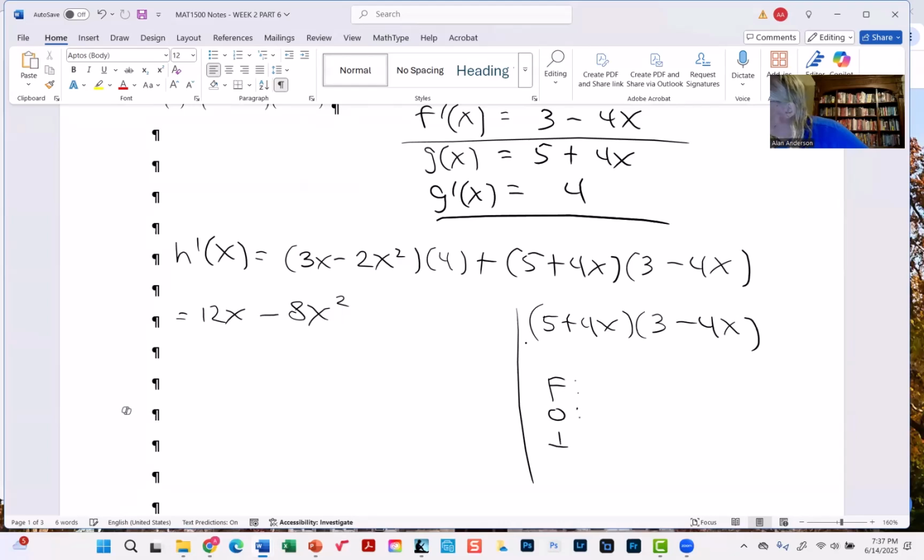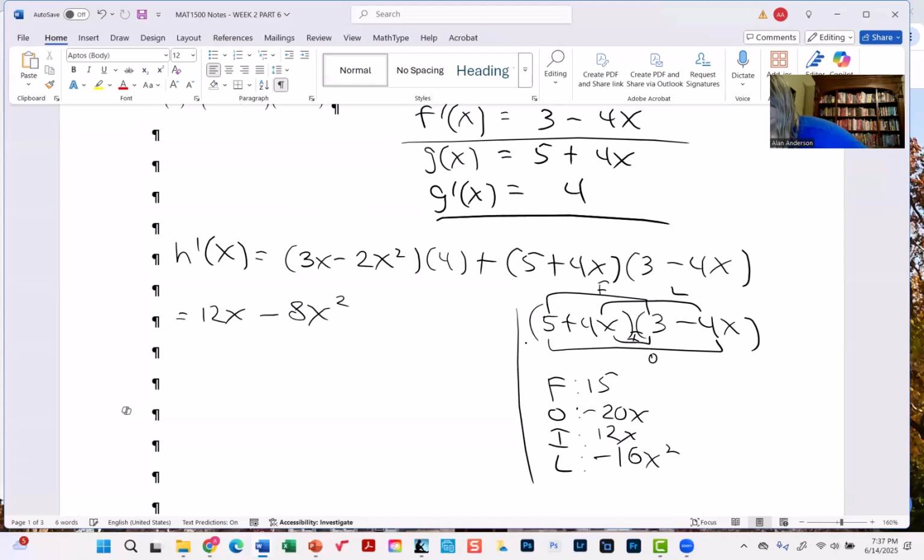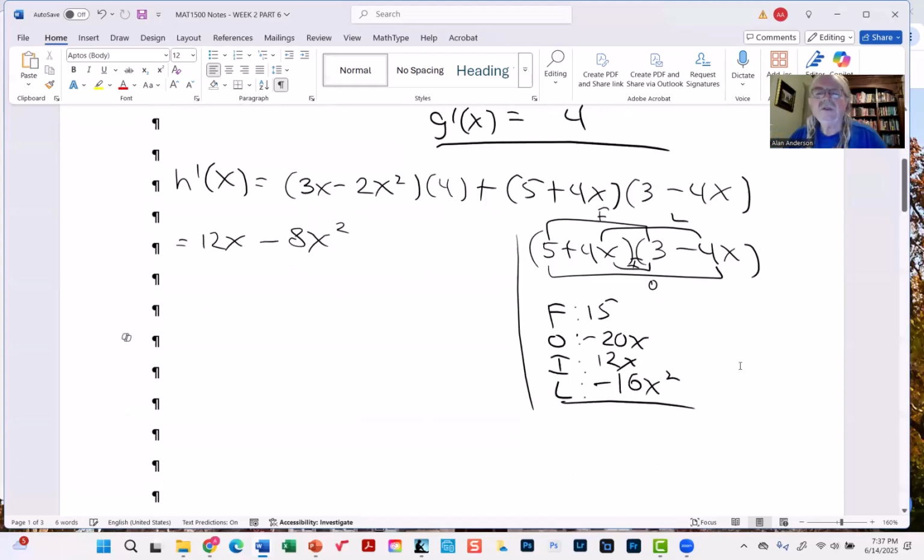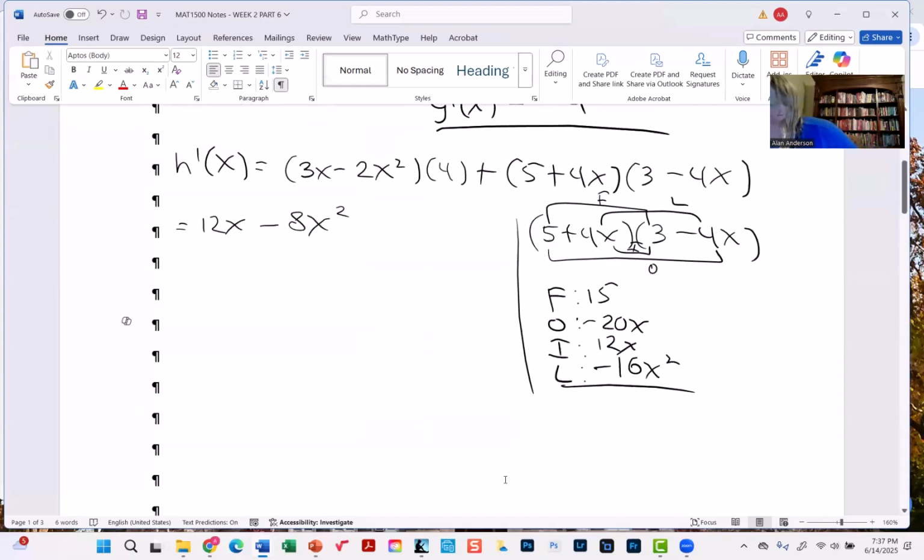Here's F, O, I, L, negative 16x squared. So when you bring these all together, you end up with 15 minus 8x minus 16x squared. So that would be this second part of our expression.